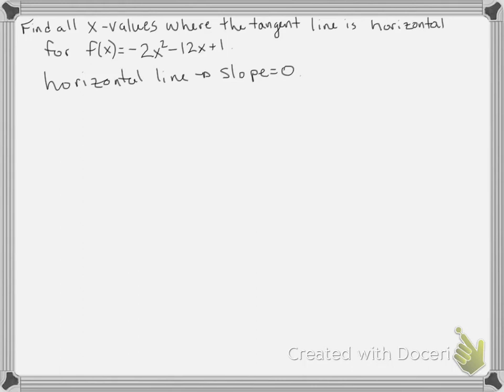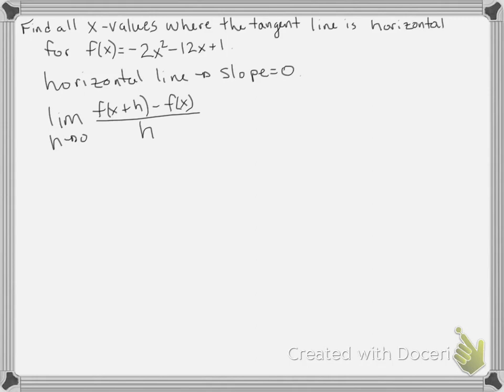To find the slope at one single solitary point, we do the limit as h approaches 0 of f of x plus h minus f of x all over h. That's how we find slope.